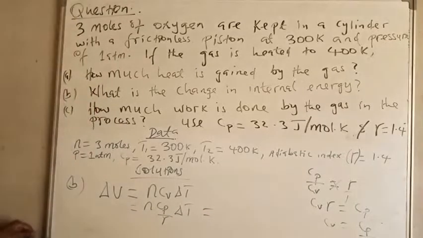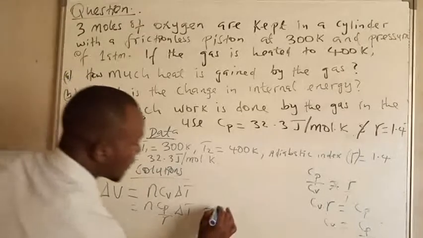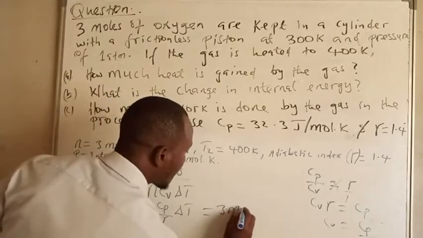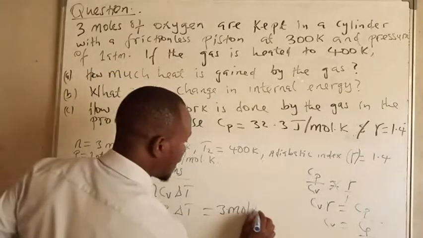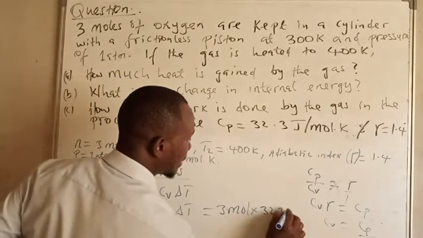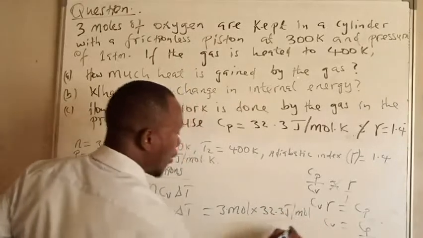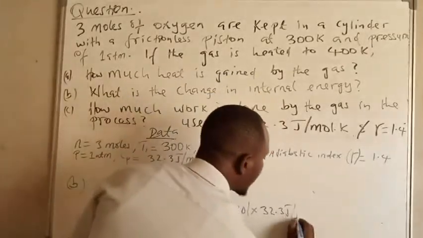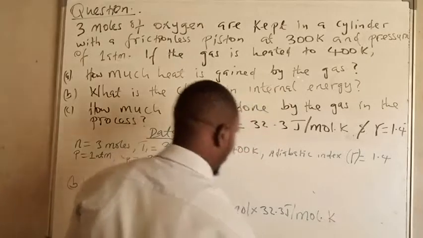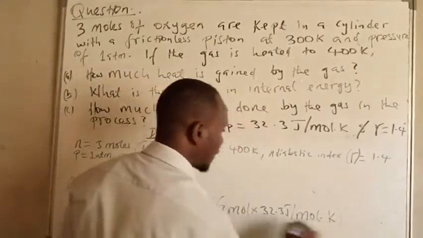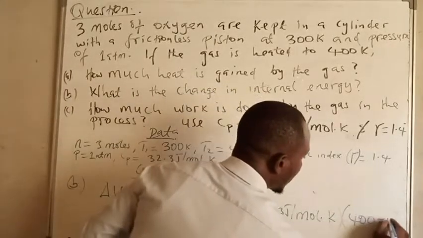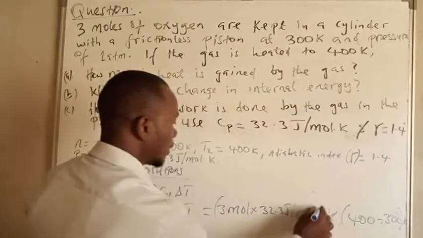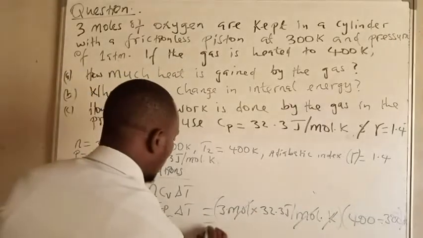When we plug in the values, we have 3 moles times 32.3 joules per mole per Kelvin, divided by 1.4, times the change in temperature in Kelvin, so that the Kelvin and the mole units cancel.